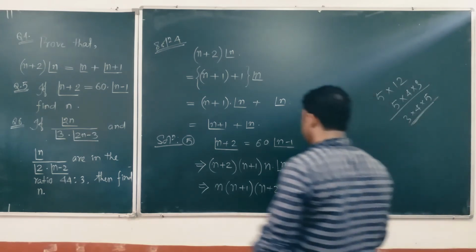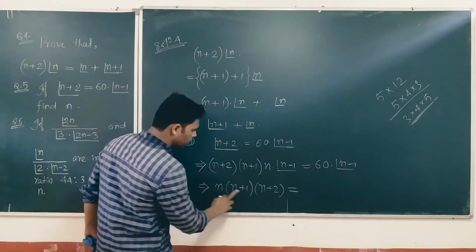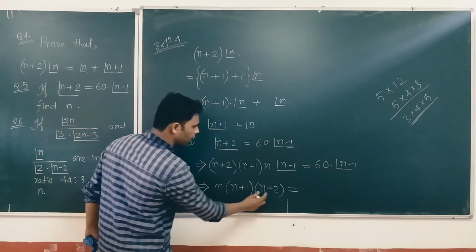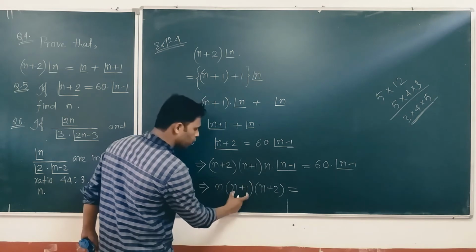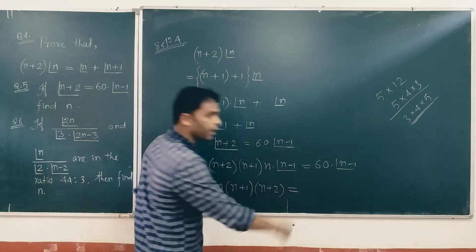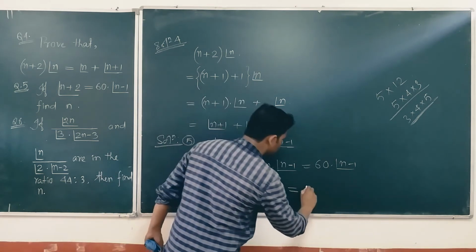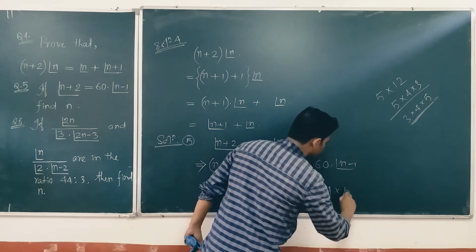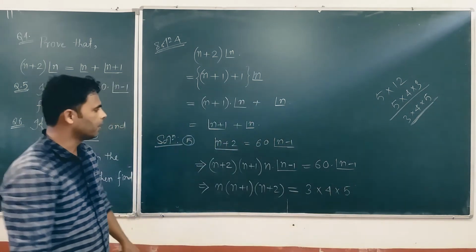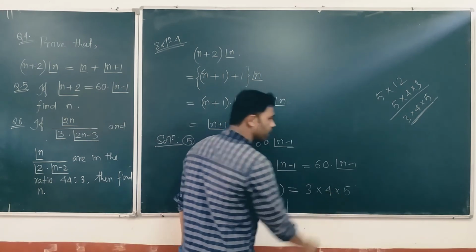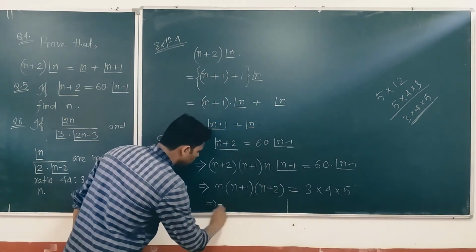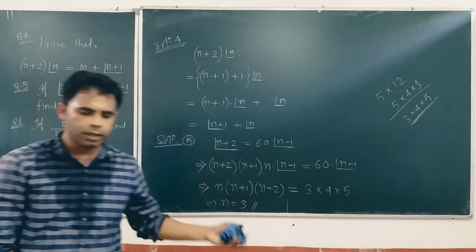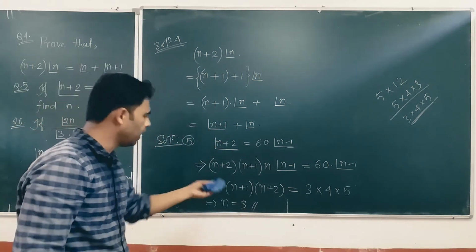These three factors differ by 1: n, then 1 more than n, then 1 more than n plus 1. So on the right hand side you can also write 3 into 4 into 5. If you compare the left hand and right hand side, does it not imply n is equal to 3? So this is the easier way to find the value of n.